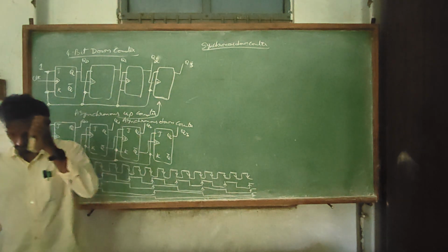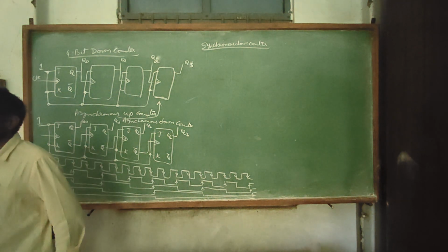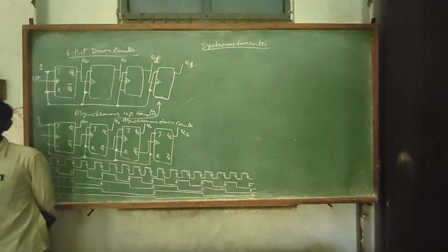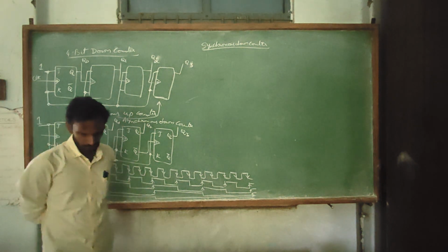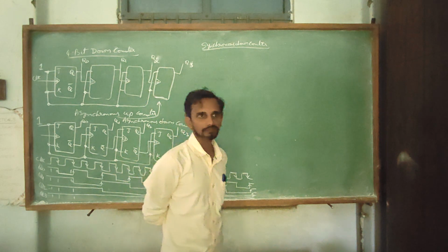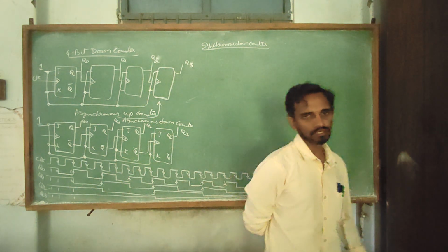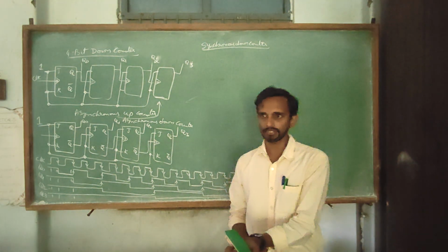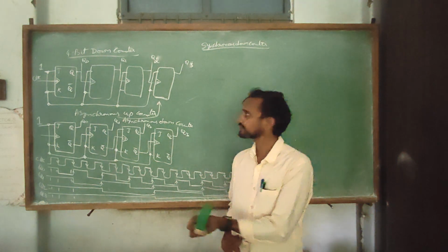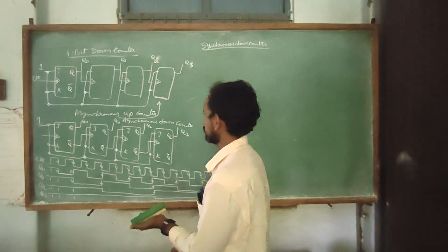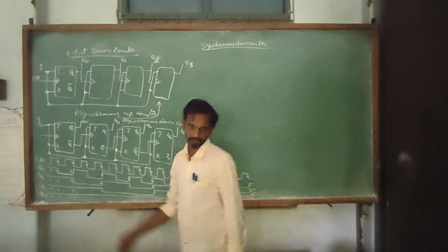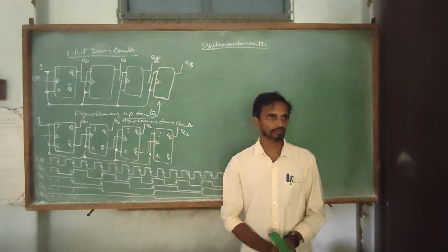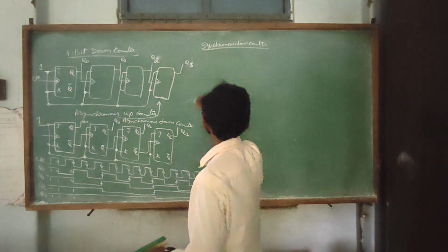For synchronous counters, the clock pulse is common for all, and the output of each flip-flop is given as input to the next level. We have to follow the same rule: Q bar should be given as input to the next level.